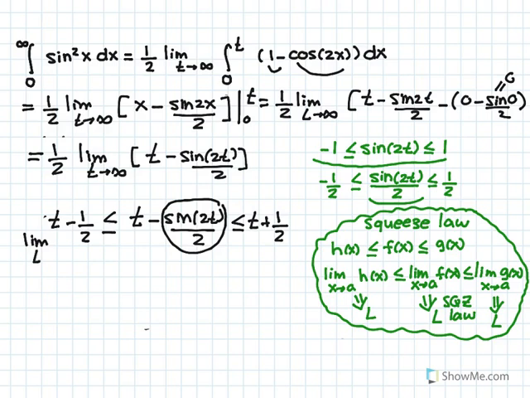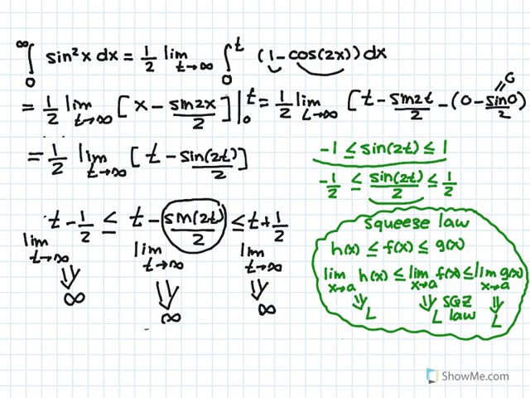Limit t goes to infinity, limit t goes to infinity, limit t goes to infinity. This is going to give us infinity. This gives us infinity. So by squeeze law, the limit as t goes to infinity of t minus sine 2t divided by 2 will give us infinity.